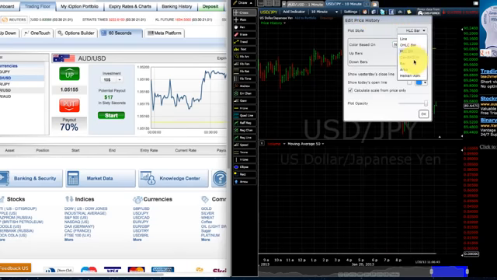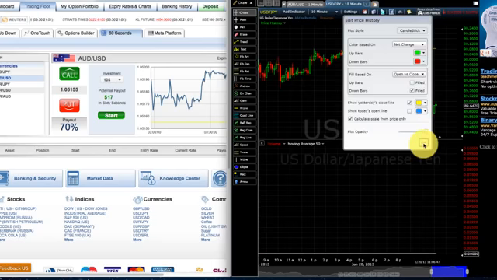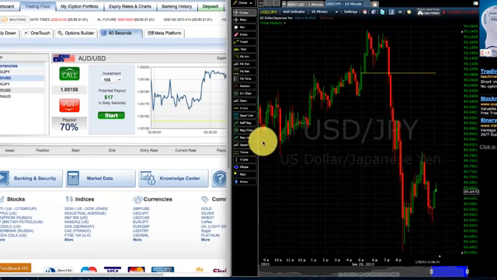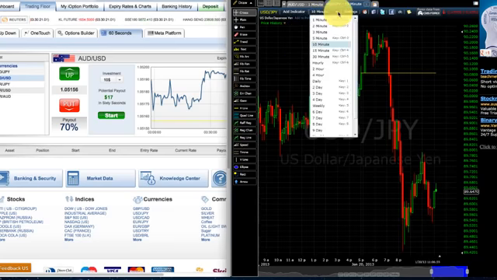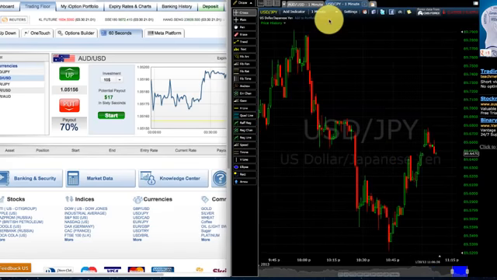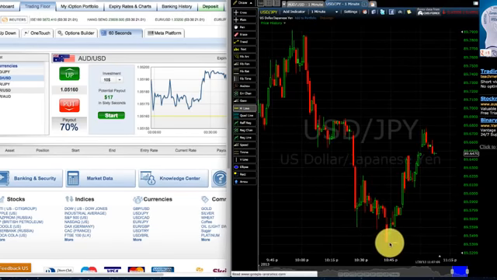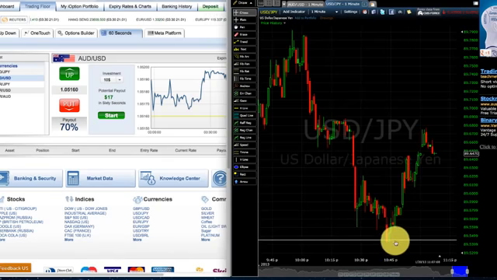We want to change this to a candlestick, change it to 1 minute, and add in some support and resistance lines.